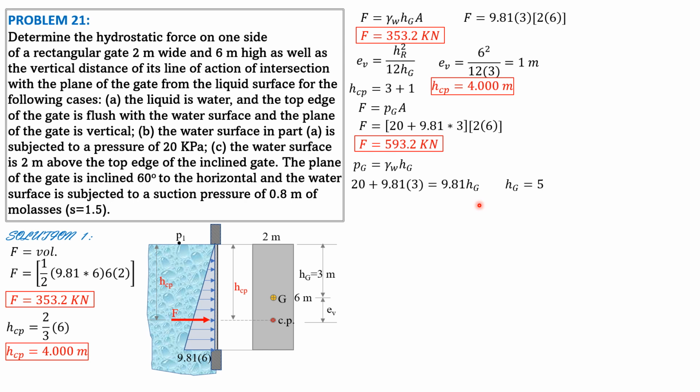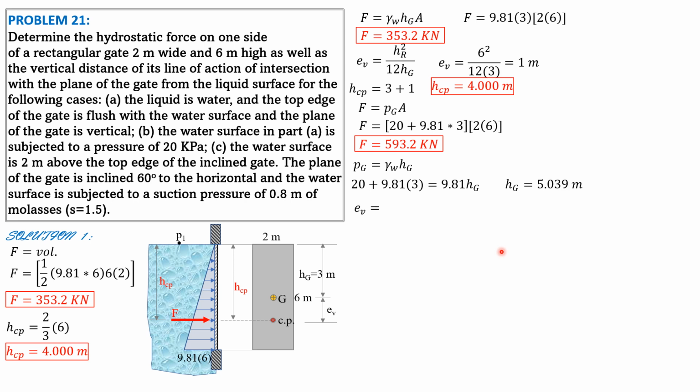From there, we can solve Hg, which is equal to 5.039 meters. And you cannot see it here unless you convert this pressure 1 into pressure head. So it will extend a little: 20 divided by 9.81, plus 3 meters, will give us 5.039 meters.